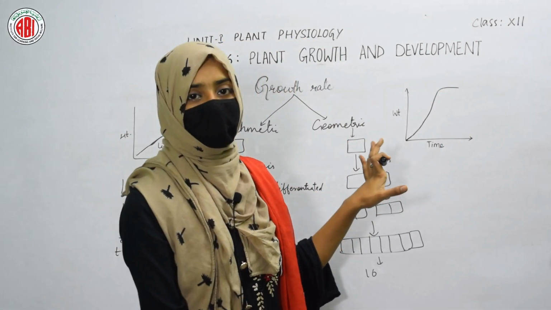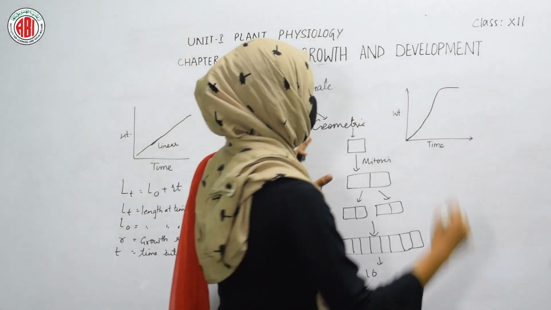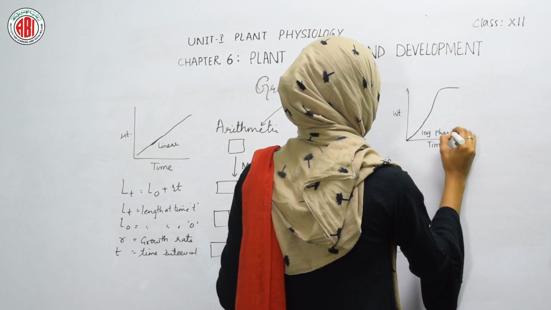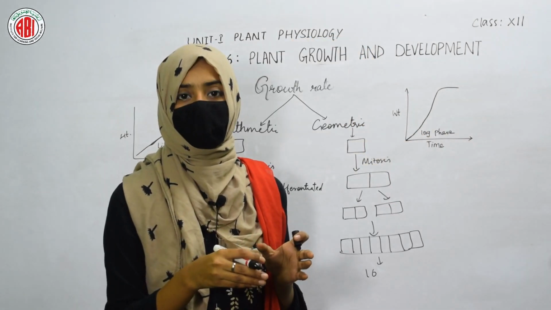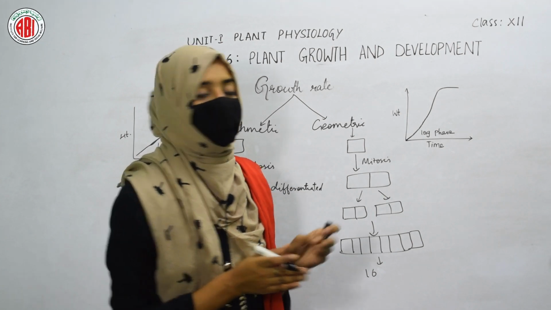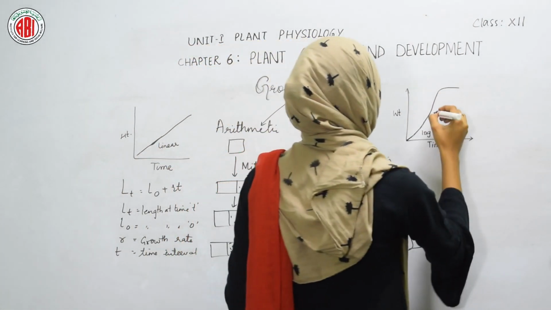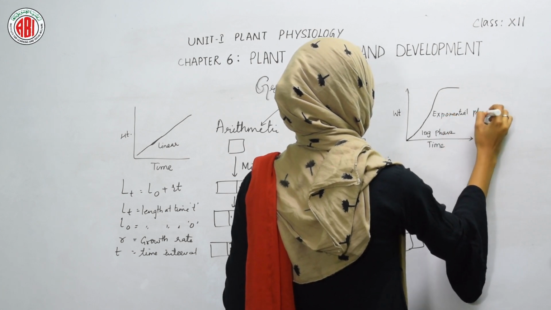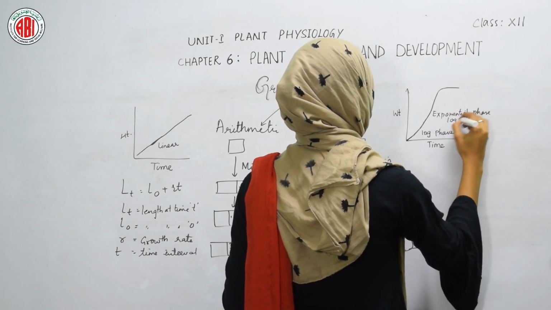This graph of the geometric growth of the plant shows three phases. The first phase is the lag phase, where the cell undergoes division in a slow manner. Then it undergoes the second phase, that is the exponential phase, also called the log phase.